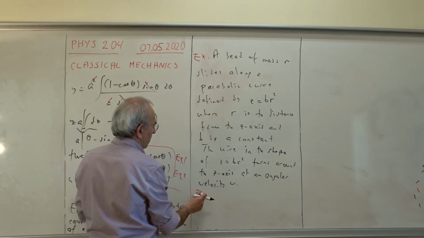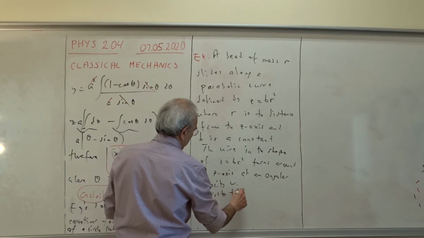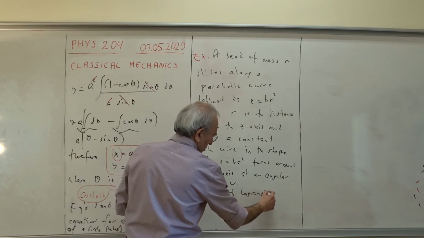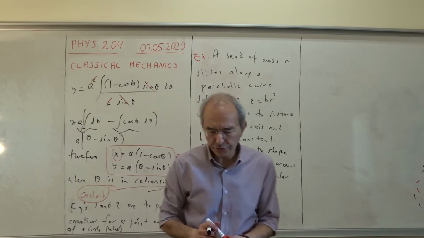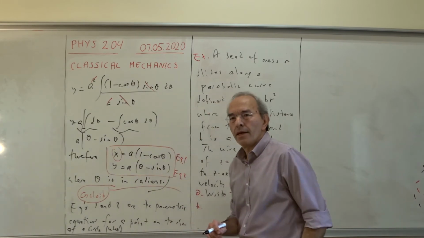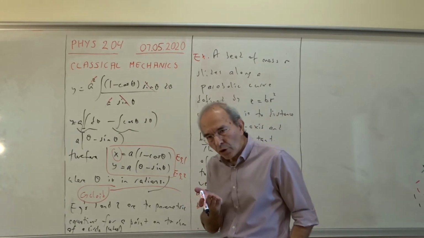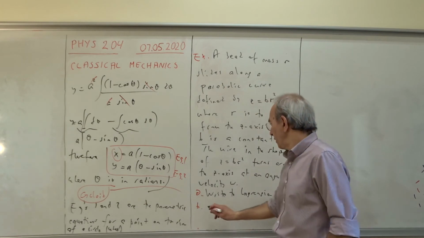A, write the Lagrangian. And B, find the value of b for which the bead is turning in a horizontal circle of radius r.